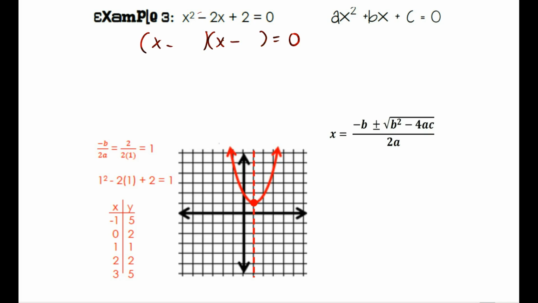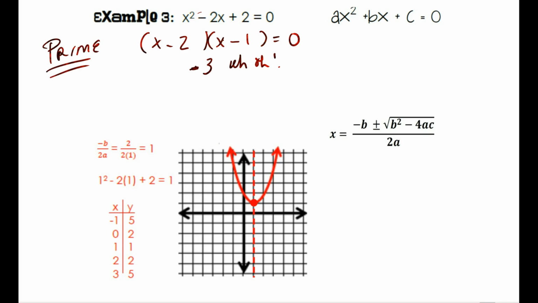I can multiply them together and get 2, and then add them and get negative 2. The only two numbers are negative 2 and negative 1, but they add together to get me negative 3. There's an issue right here. So this seems to be unfactorable, or prime.